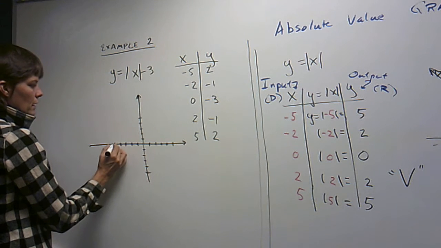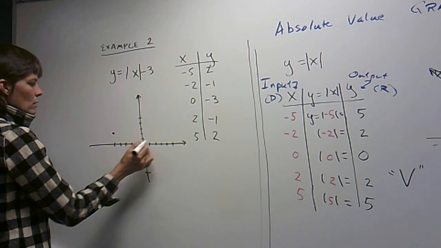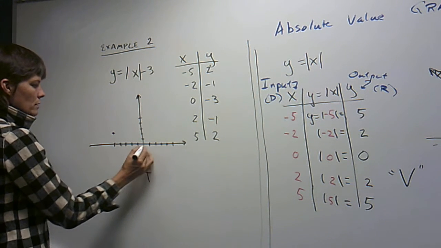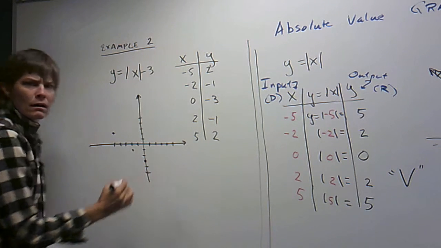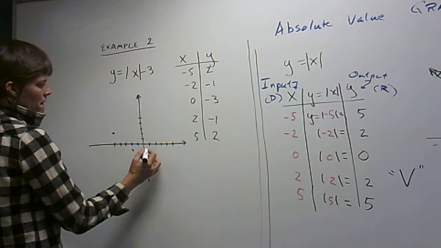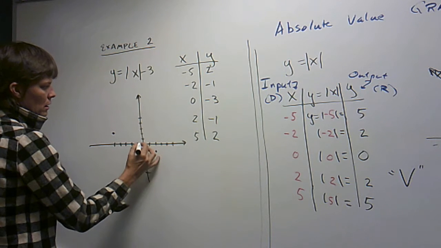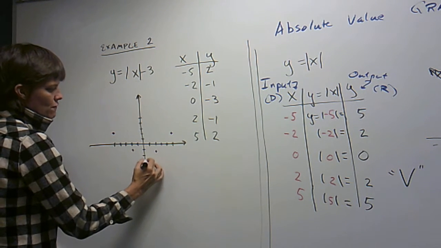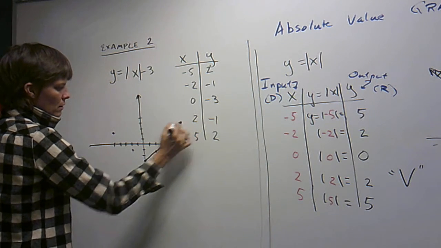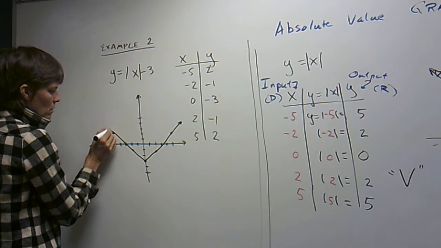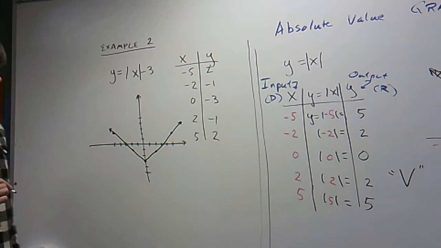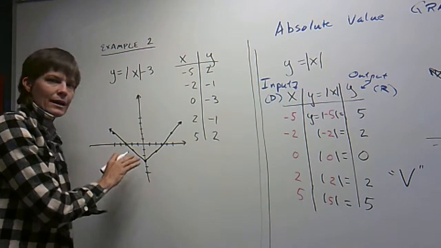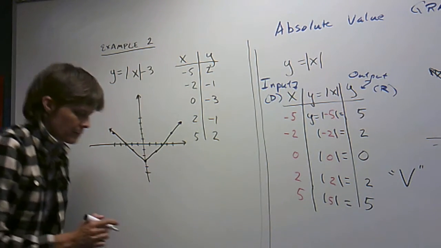And I went -5 and +2, -2 and -1, 0 and -3, 2 and -1, 5 and 2. We still have this V shape. But now you may notice the entire thing dropped.